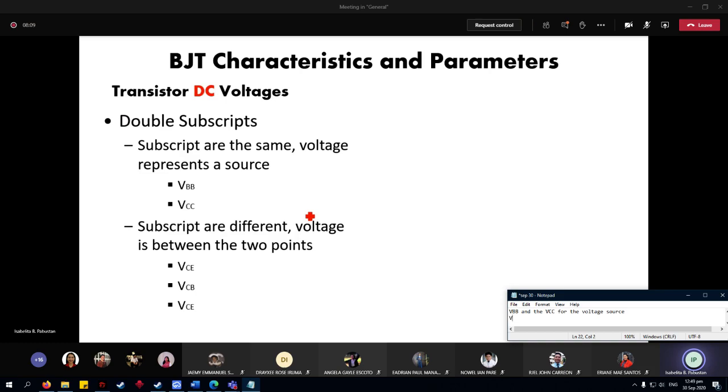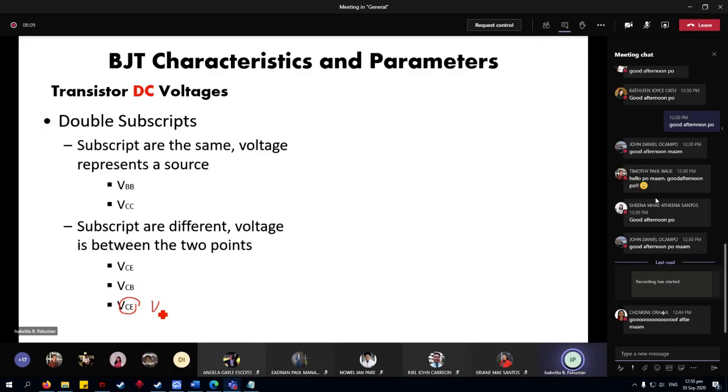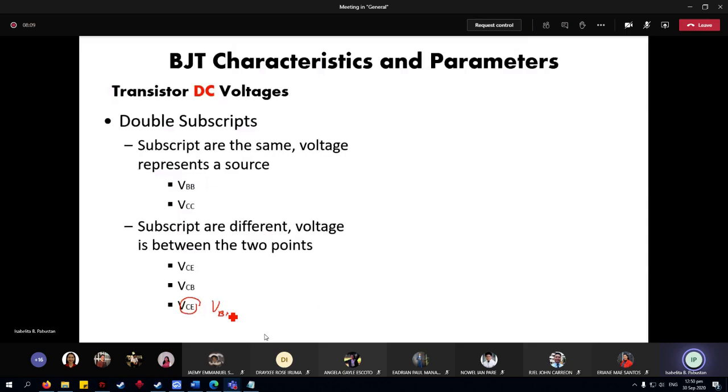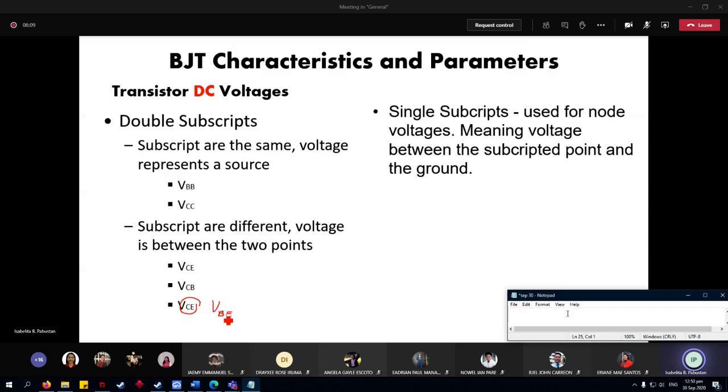For example, VCE means you are measuring the voltage across collector and emitter. VCB, you are measuring voltage across collector and base. And the missing one, VBE. So this should be VBE, that means you are measuring the voltage across the base and the emitter.